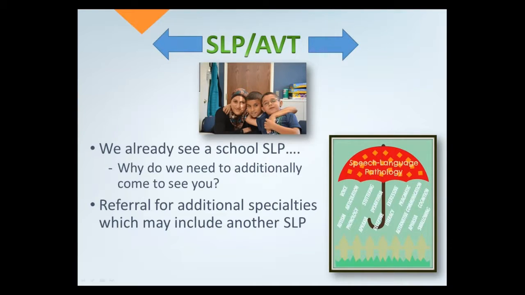You may be thinking, my child already works with a speech pathologist at school, why do I need to come see you? And in the field of speech pathology, you're probably learning there are many specialties. For a child that has a hearing loss, we are able to look at that child's abilities compared to what they're hearing in relation to their language.